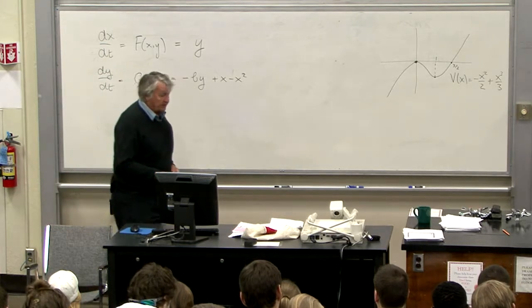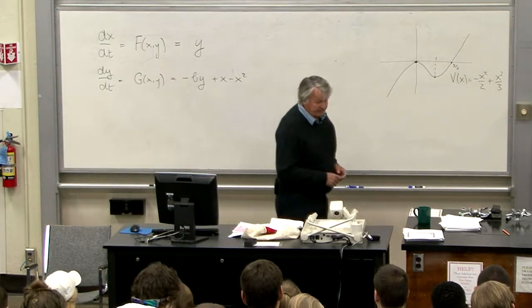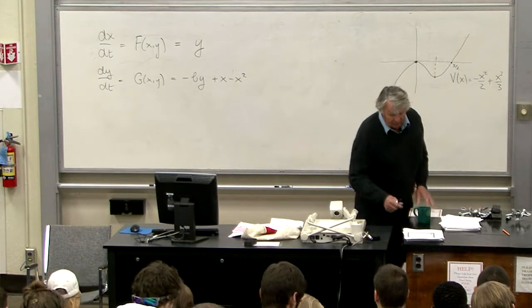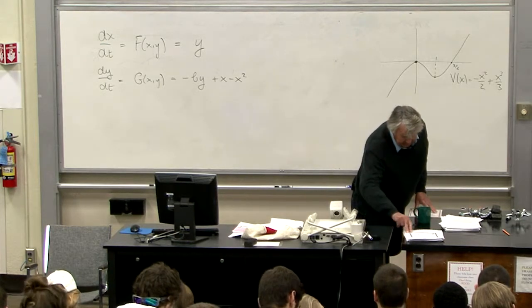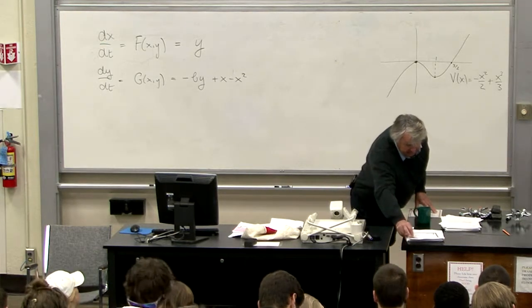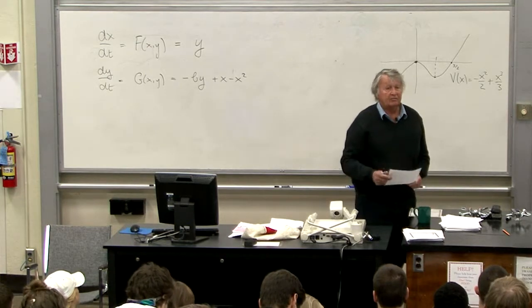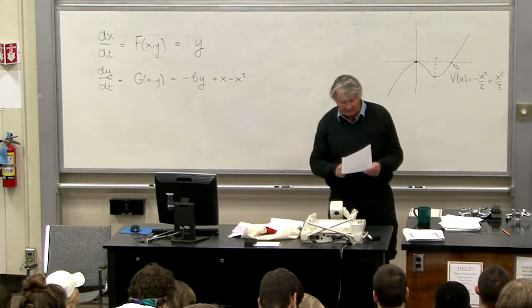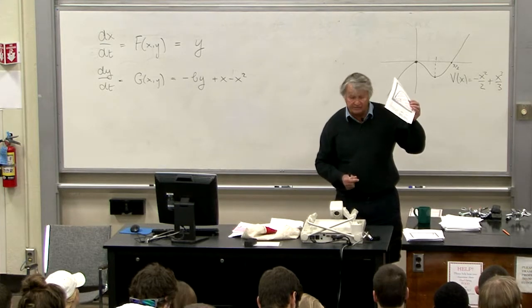In the rabbit-fox example, I gave out a handout, and all the conclusions are correct, but as Joel Fontes pointed out, I made an arithmetic error in calculating some of these coefficients.